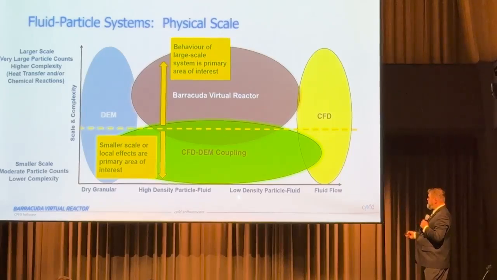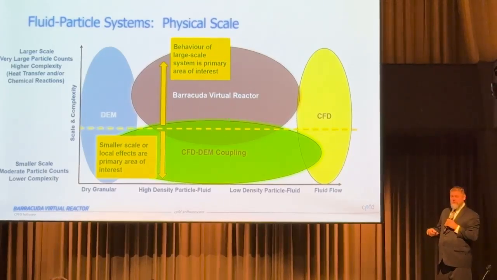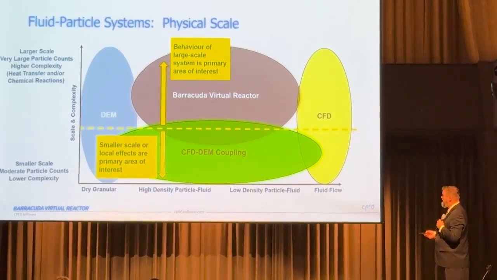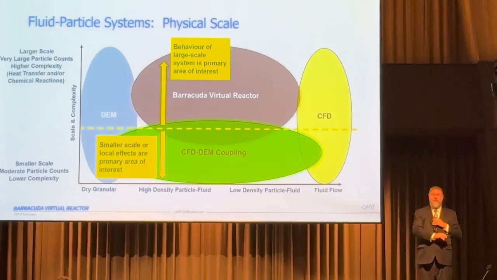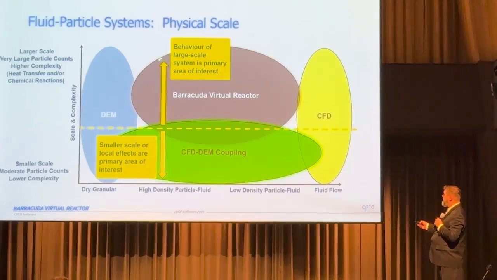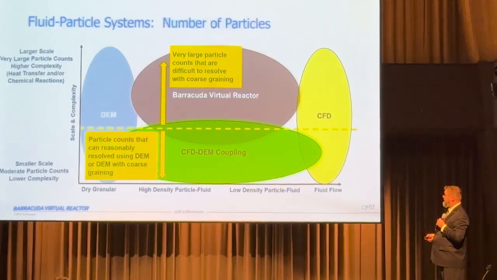And then in this range, you have two different tools which tend to work, but they tend to live in different spaces. If smaller scale local effects, local details around a jet, are important, CFD-DEM coupling typically does well on that. If the primary interest is a large scale system, with very long transients, that's where the MP-PIC approach, what Barracuda Virtual Reactor is based on, is typically dominant.